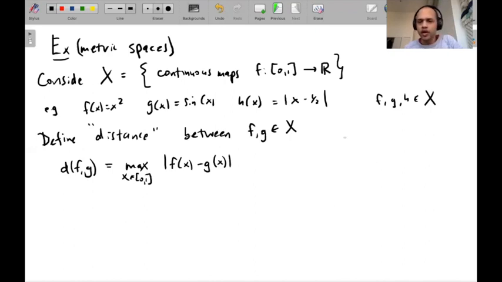So the picture is looking at functions on this interval 0, 1, which we could draw according to their graph. So maybe this is the graph of f, and we have some other function g whose graph is something else.